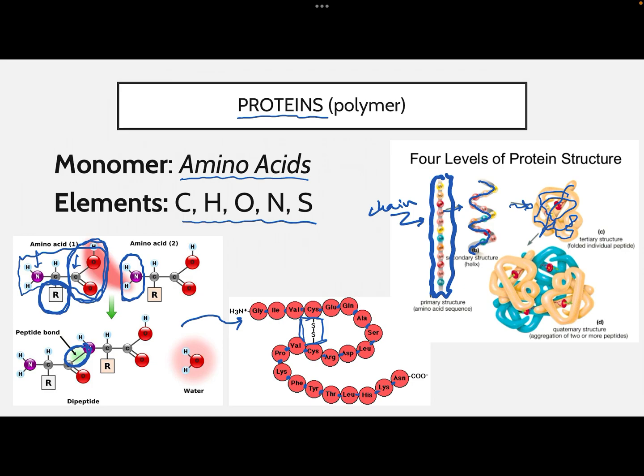And not only that, but then multiple strings get hooked together. So we have chunks of protein here and chunks of protein here and another chunk of protein here, and all of those might get hooked together to make a final functioning protein in a living organism.